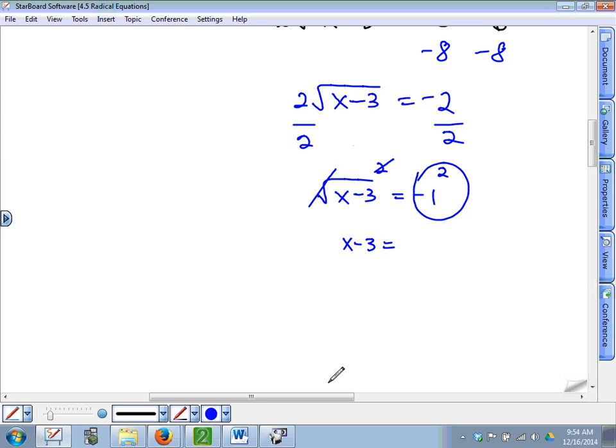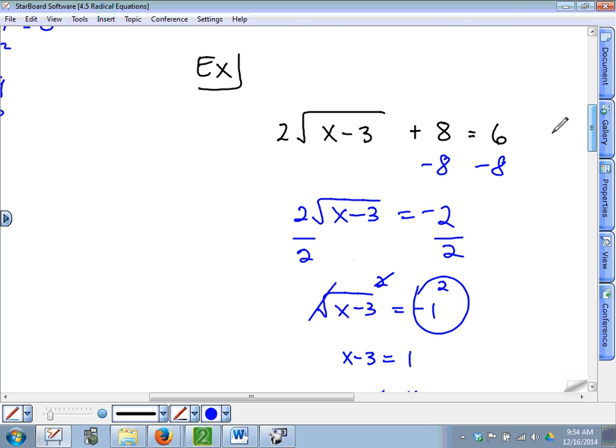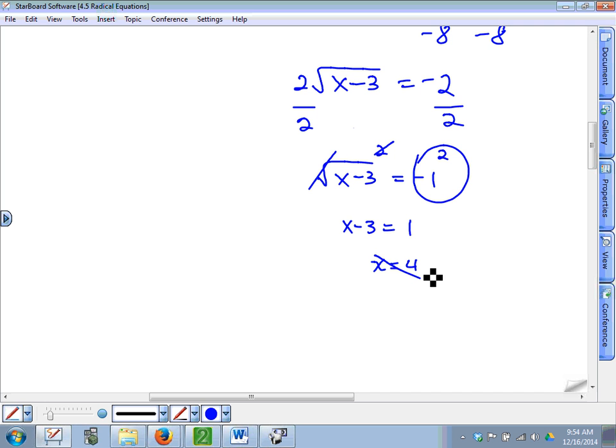Negative 1 squared is negative 1 times negative 1, which is positive 1. And if you add 3 over, you get x equals 4. Problem is, if you go back to the original and plug in a 4, 4 minus 3 is 1. Square root of 1 is 1. 1 times 2 is 2. 2 plus 8 is 10, not 6. So that was no good.